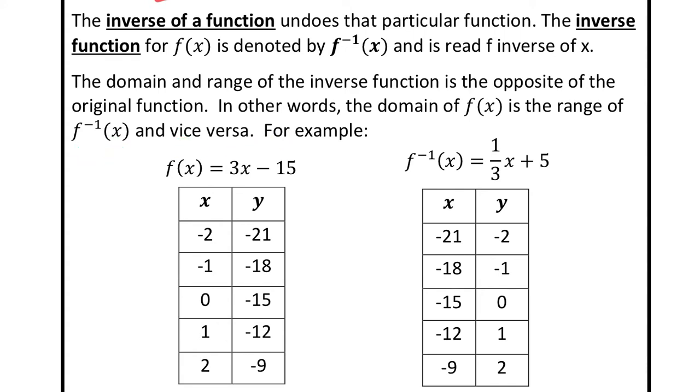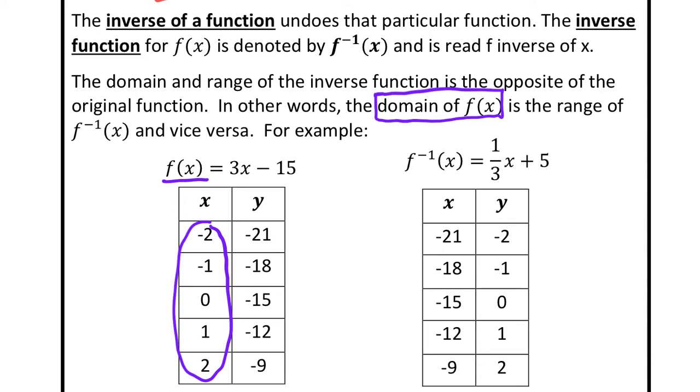So keep in mind what's being said here, and I'm going to highlight some key things. It says that the domain of f of x, so I'll box that in purple. What's the domain of f of x in the example down here in the tables? Remember, domain are all the x values.